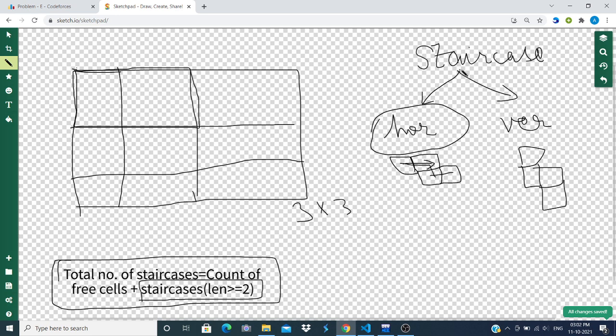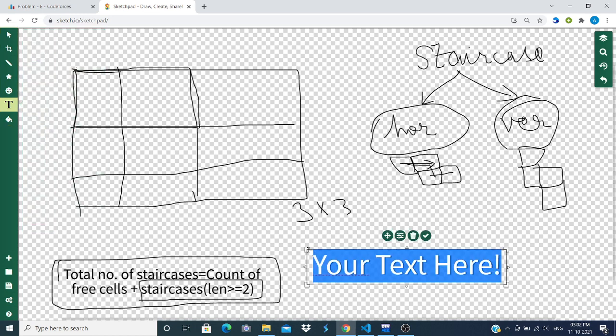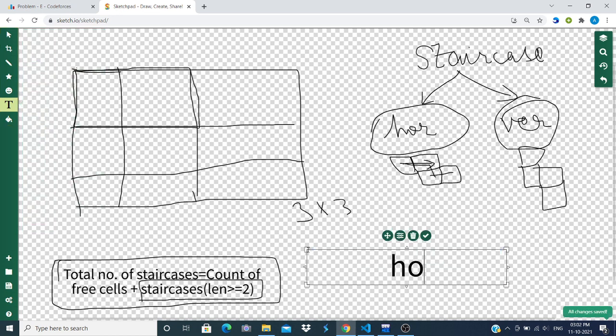And so first we will be calculating these horizontal and vertical staircases. And I again remind you that I am calculating the total number of staircases if all the cells were free. So for calculating these horizontal staircases, as you can see over here, we basically use a dp, right? So let's name our dp as horizontal of ij. What will horizontal of ij store?